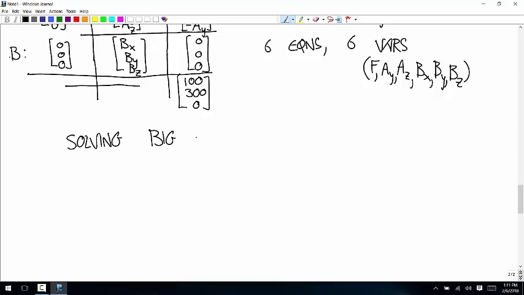Solving big systems of equations. Well, it works for small systems of equations too. It works for any system. And the technique is called reduced row echelon form.